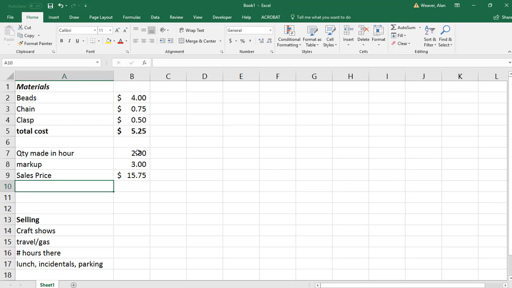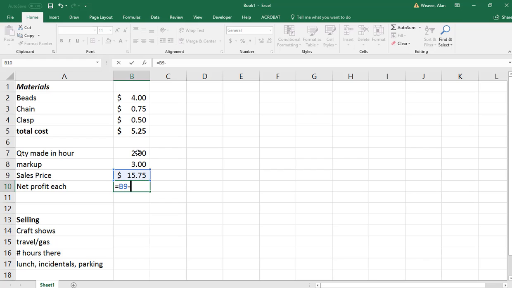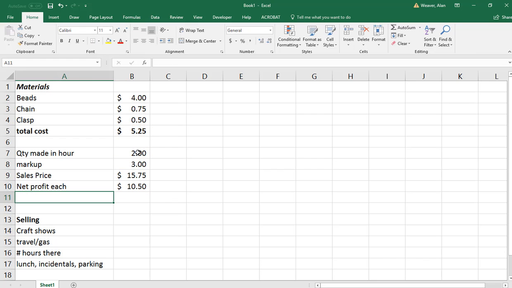I'm going to say net profit each. So it's going to be equal this minus this. That's your profit each. But what it is here, if you have to factor in the time, you have to pay yourself. So you have to say salary.